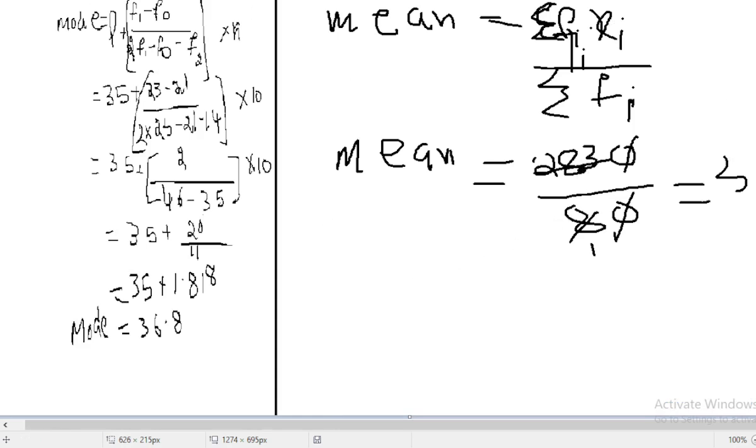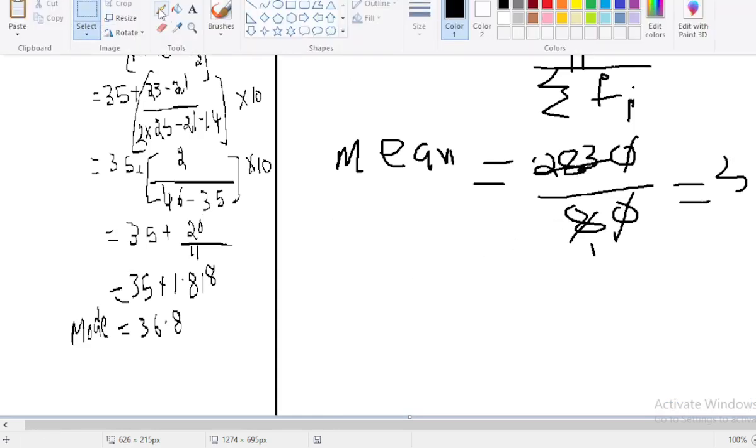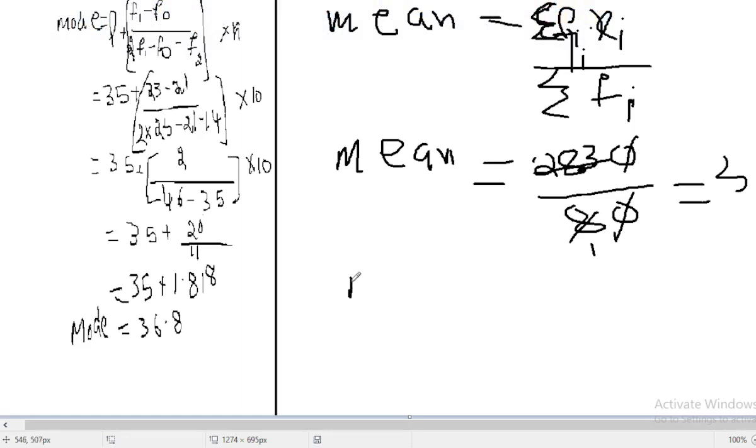So the mean value we are observing as 35.32. Restricting this value to only one decimal place, mean is equal to 35.3. So here the mode of the data is 36.8, the mean of the data is 35.3.